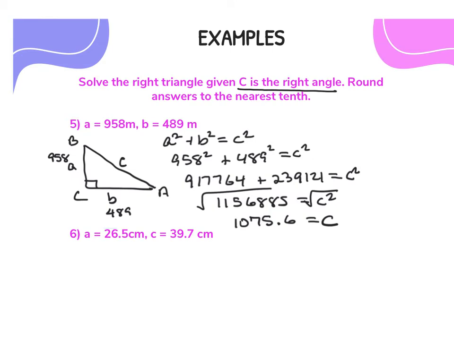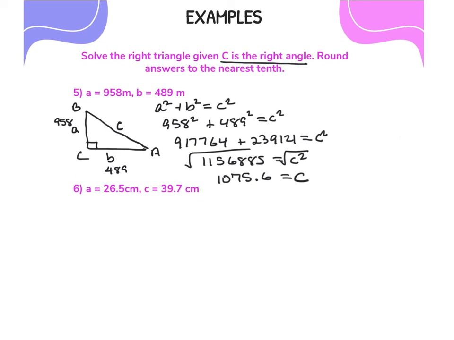Now, when I go to find missing angle measures, this is where I'm going to use inverse. So I'm going to again resort to my given. My given was little a and little b. So in order to find angle A, I'm going to label little a and little b with the appropriate names. Little a is opposite to angle A, and little b is adjacent to angle A. So the function that uses opposite and adjacent is tangent, but when you're looking for a missing angle, we use the inverse.